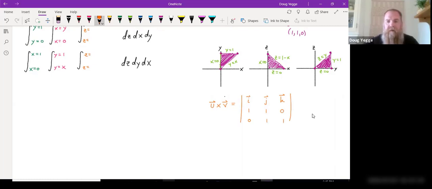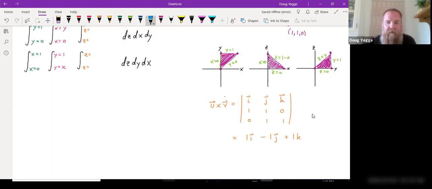And so this is going to tell me the values of A, B, and C. So in the I direction, we get 1I minus 0J, okay, minus, now in the J direction, we get 1 minus 0, which is also 1J. And finally, in the K direction, we get 1 minus 0, which is also plus 1K.